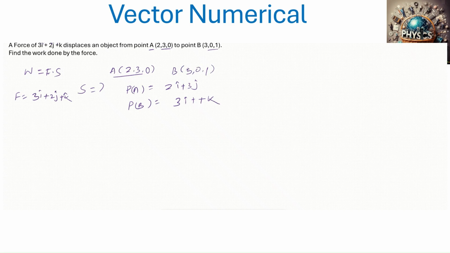The body has moved from A to B. So what is the displacement S? We can say it is the position vector of B minus the position vector of A, which gives us 3i plus k minus 2i plus j.